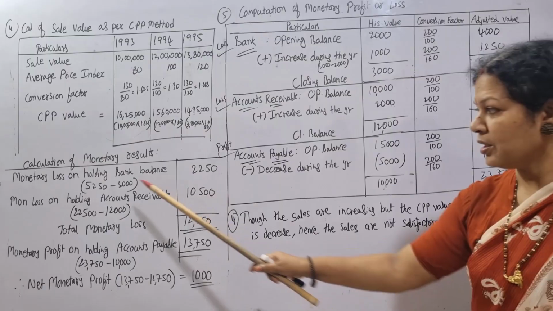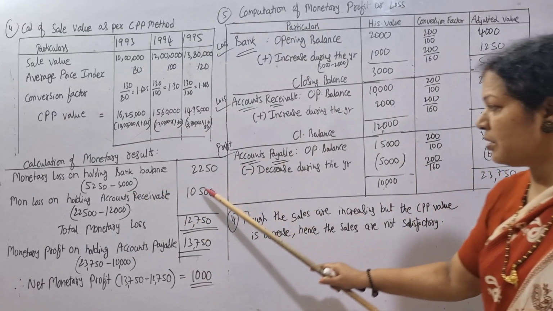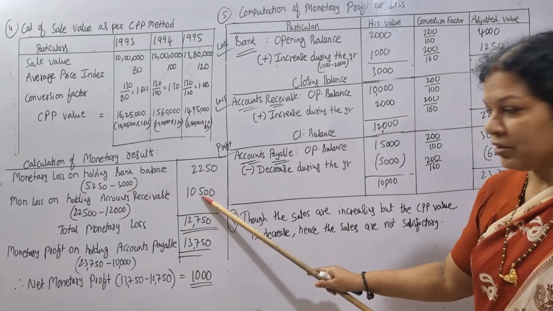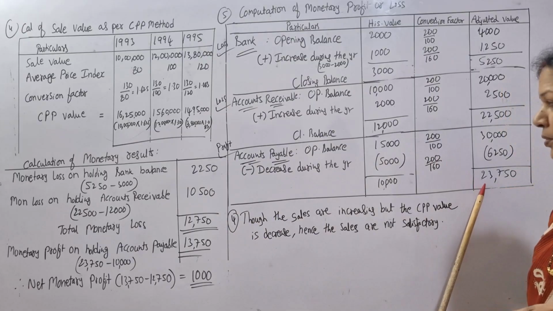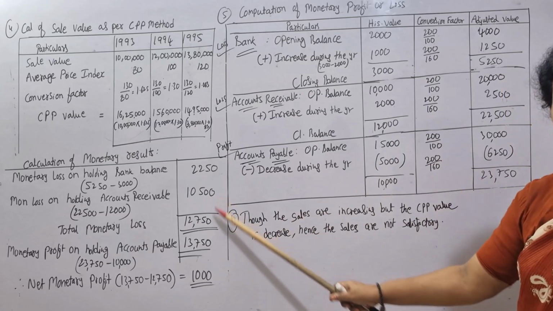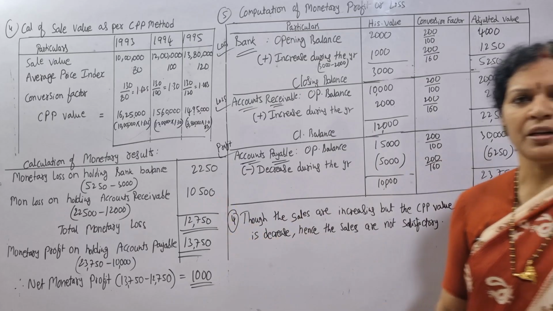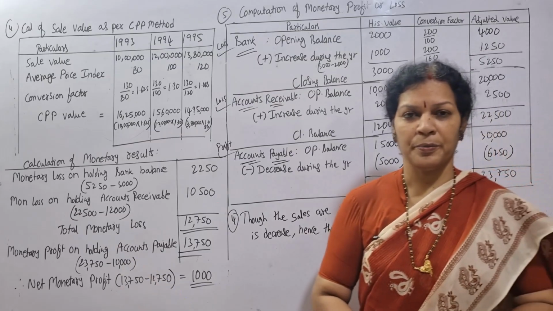This was the loss. Second year it is 22,500 minus 12,000. It was also a loss. So total loss 12,750, and profit of holding the accounts payable. So comparing, ultimately what did you get? You are mentioning it. Am I clear?